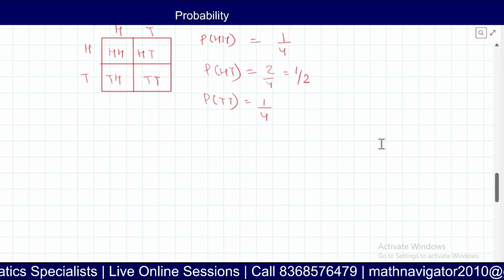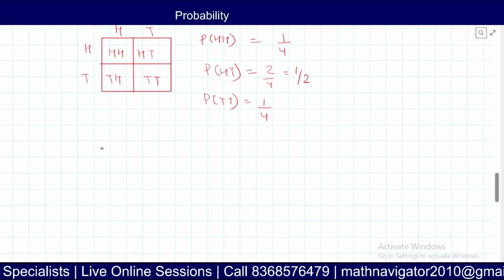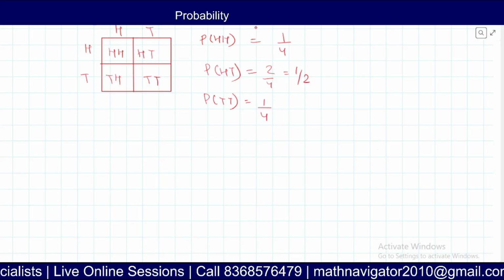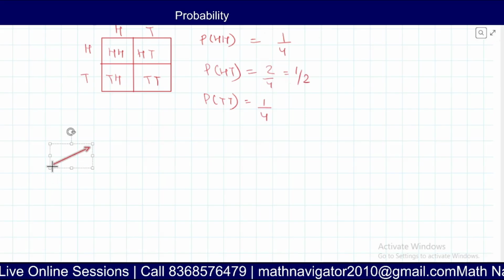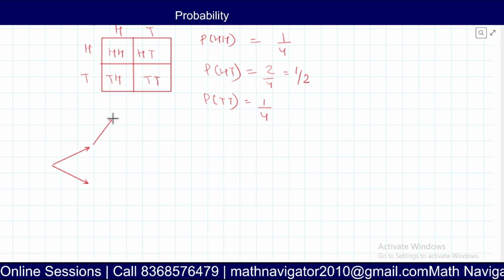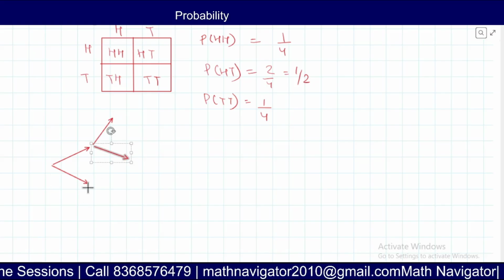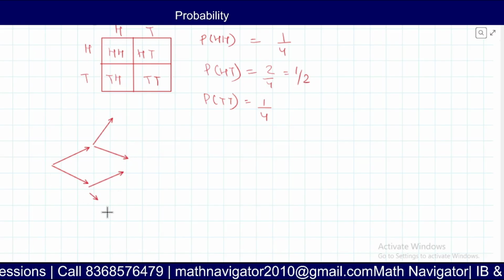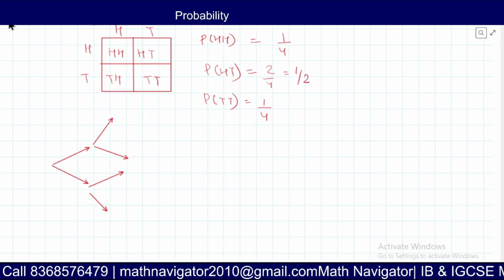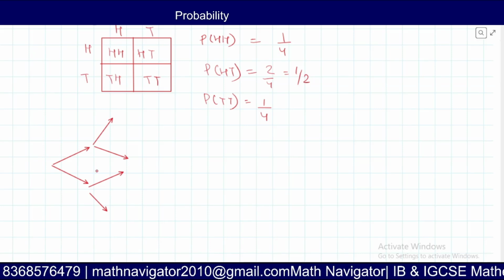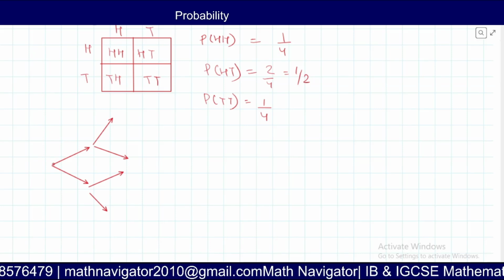I'll give you one more example, then you will understand it better. Then what is a tree diagram? I'll explain what a tree diagram is. Now what is this? This is a tree diagram. This has two branches.